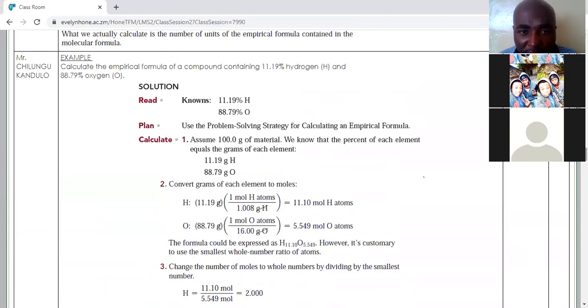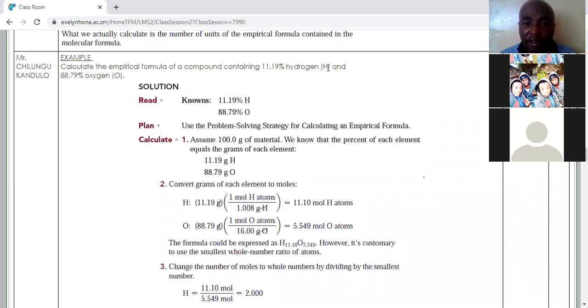I was saying, if you've been given 11.19%, you assume it as 11.19 grams. Then 88.79%, you also assume it as 88.79 grams. You remove the percentages to easily find the empirical formula. Then you divide each gram by the molar masses.